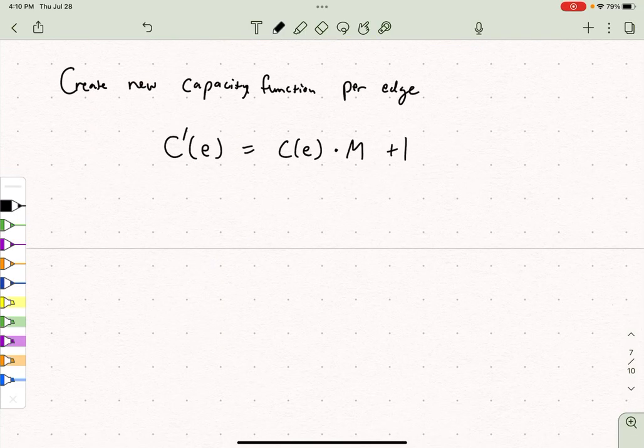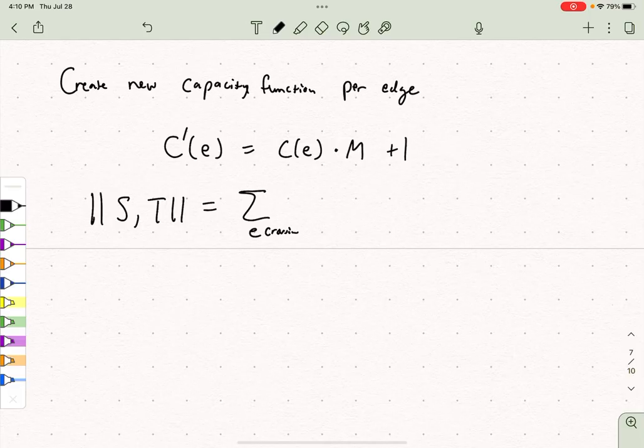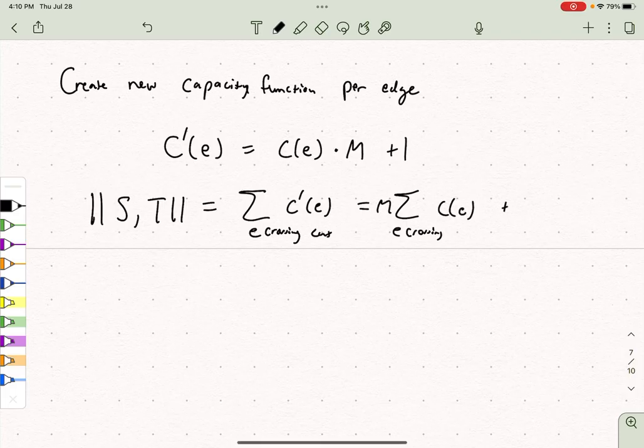when we consider the capacity of a cut in this new graph, the capacity of any ST cut is now going to be the sum of all edges that cross the cut of C prime of E. This is going to give us the sum of all E crossing of the original times M, plus the sum of all E crossing. And so this part is just going to be the original.